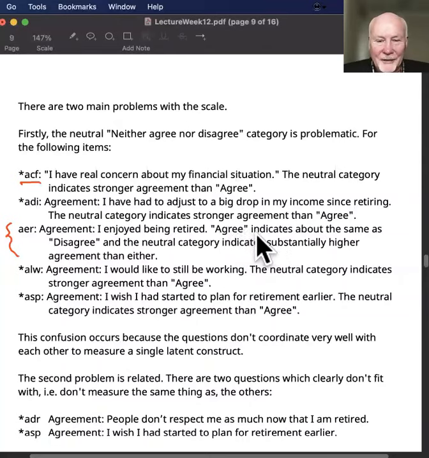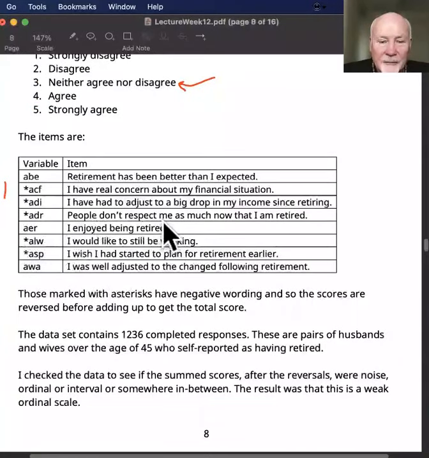So people who ticked agree here basically measured the same amount of retirement satisfaction as disagree. And the neutral category corresponded to a higher degree of retirement satisfaction. So AER was a very messy one. AER, what is it? I enjoy being retired. Yeah.